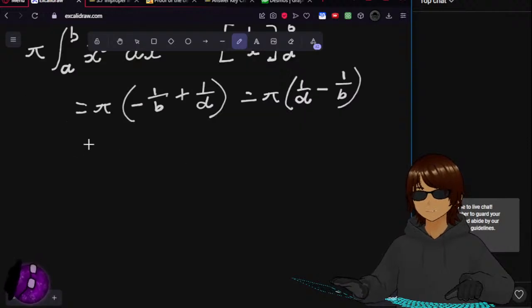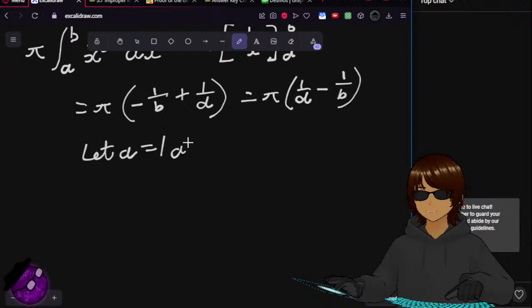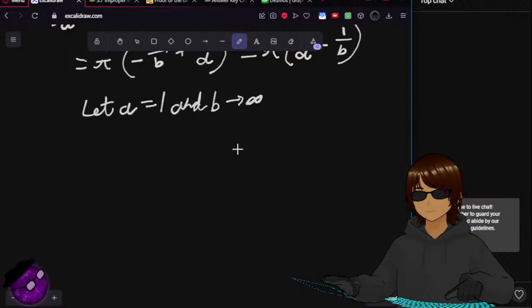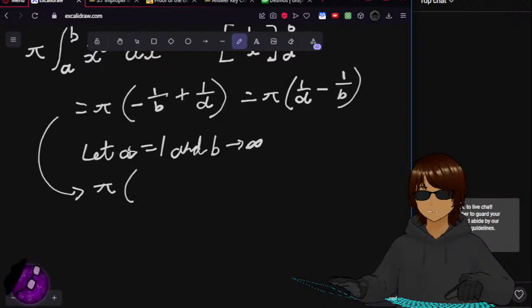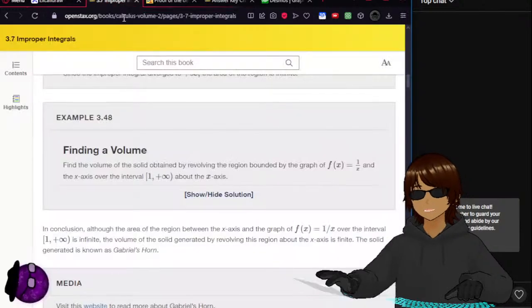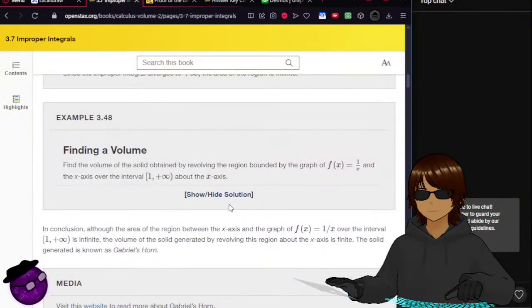Now let a be equal to 1 and b goes to infinity. So pi times 1 minus 0 gives me pi. That's the volume.